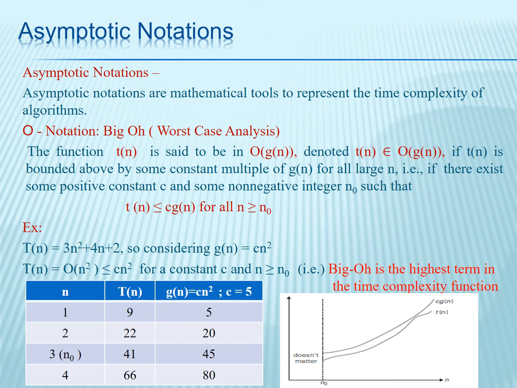But for n greater than or equal to 3, we always see that g of n is always greater than t of n. That is, n naught is equal to 3. We can always safely assume that the big O is the highest term in the time complexity function of the algorithm.